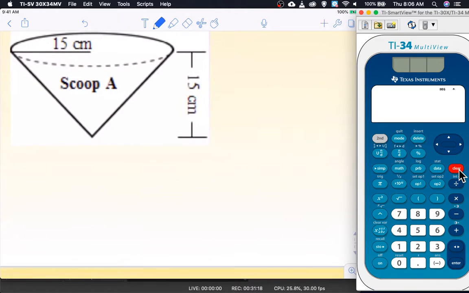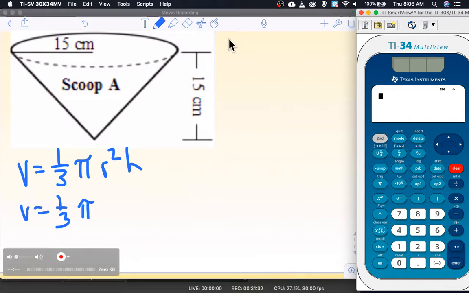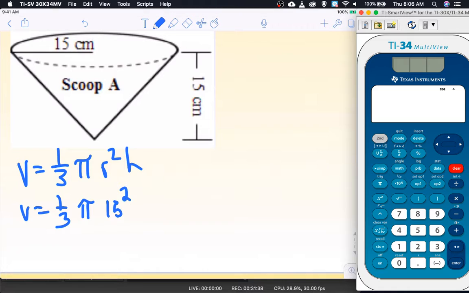Okay, so scoop A. Volume equals, a cone is 1/3 pi r squared h. 1/3 pi. This picture already has a radius from the center to the outside, so I'm just going to plug in 15 squared, and my height is 15.